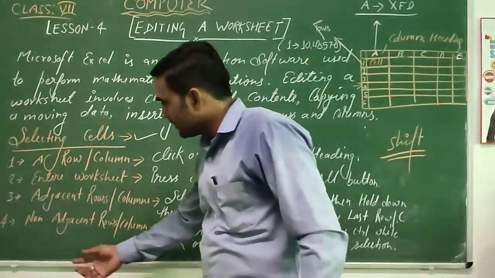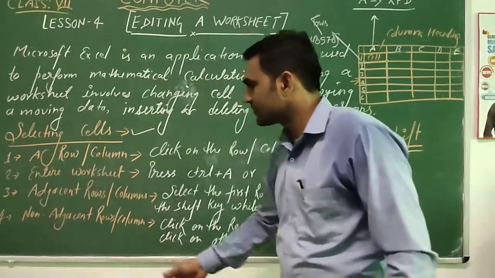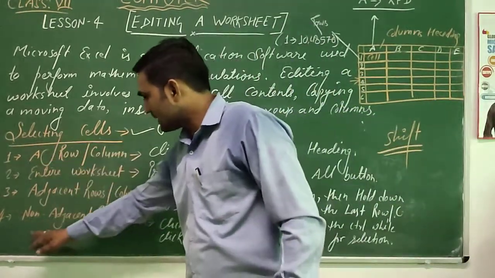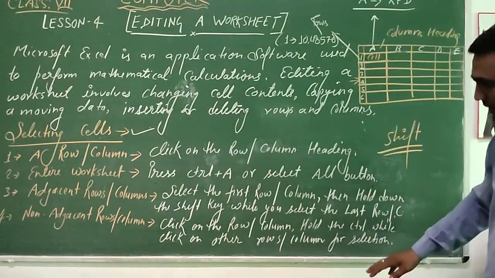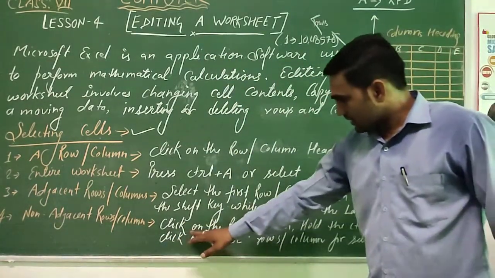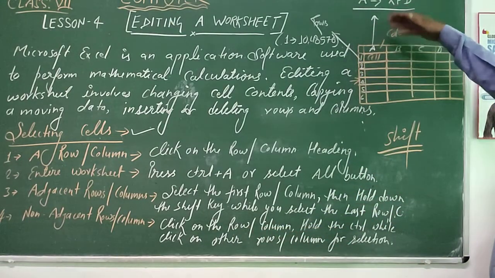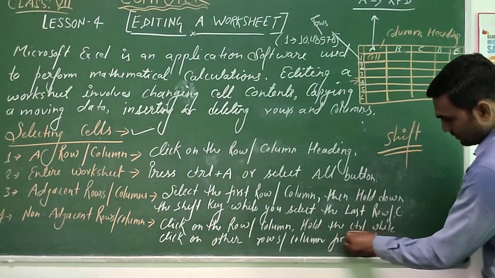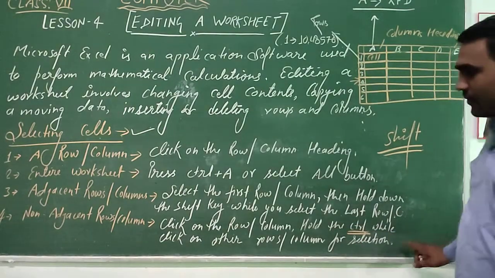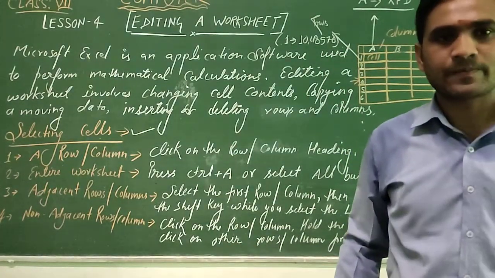Now the next is non-adjacent rows and columns. If we want to select non-adjacent rows and columns, in that case we can click on any one row or column, right, and hold down the Control key. Hold down the Control key while clicking on the other rows and columns for selection, right?